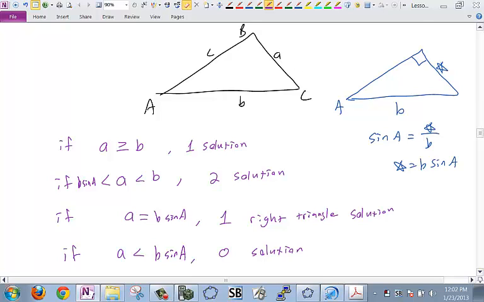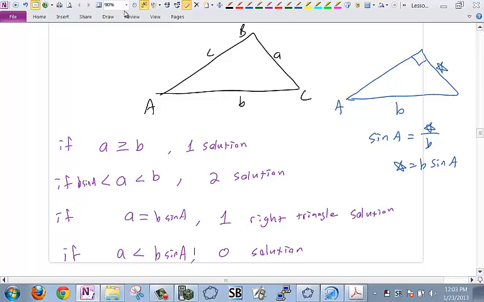Okay, what we're learning about side-side-angle situations: an angle, the side opposite that angle, and any side adjacent to that angle. A is always the side opposite the angle you know. B is always one of the sides adjacent to it.